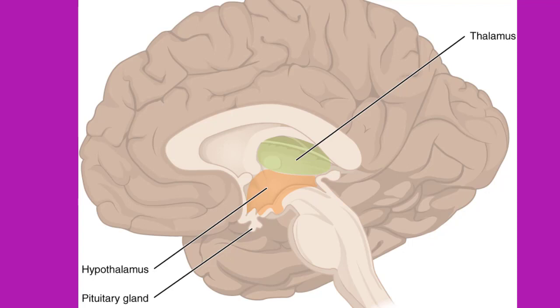The diencephalon can be described as any region of the brain with thalamus in its name. The two major regions of the diencephalon are the thalamus itself and the hypothalamus. There are other structures such as the epithalamus, which contains the pineal gland, or the subthalamus, which includes the subthalamic nucleus that is a part of the basal nuclei.